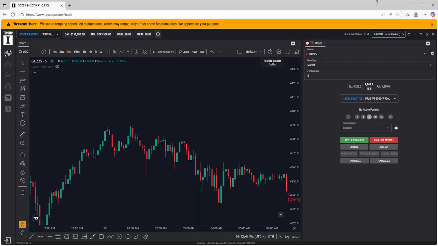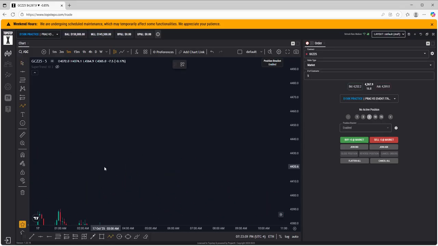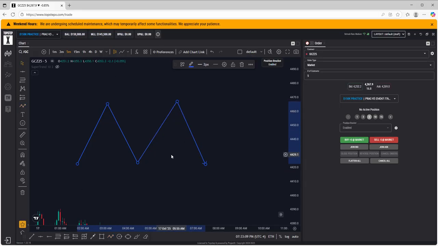So we're looking for a collection of entries where buyers and sellers are entering the market. Liquidity is going to come in the form of double tops, double bottoms, or triple tops and triple bottoms. One of the easiest ways to identify liquidity is your M shape. This is just one of the common ways.